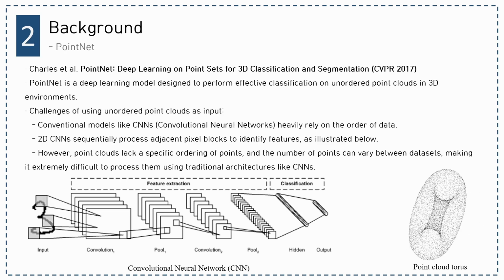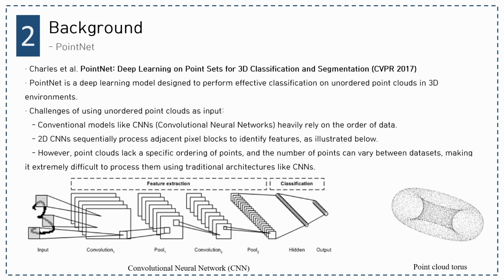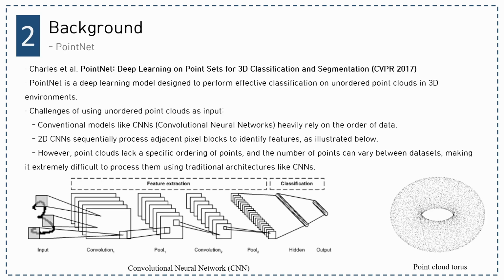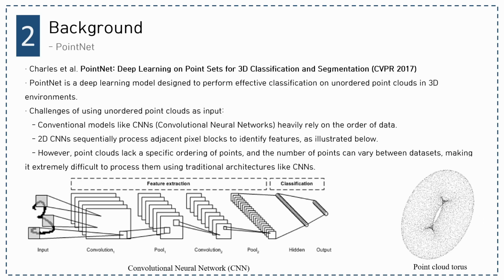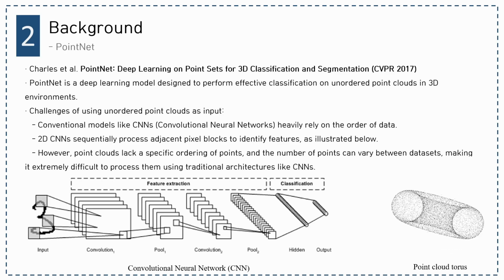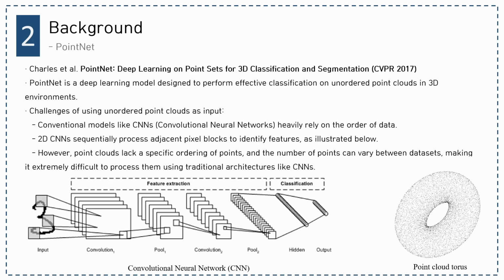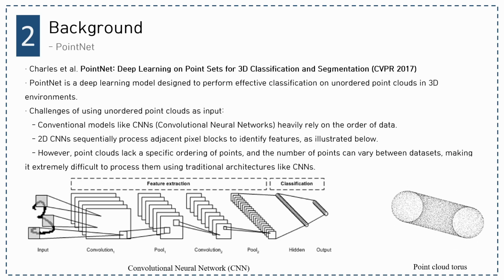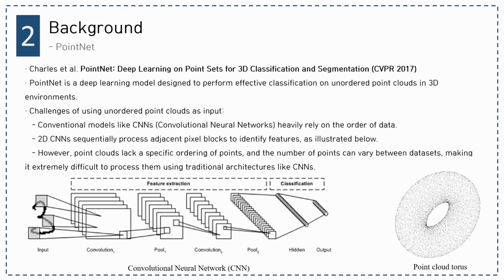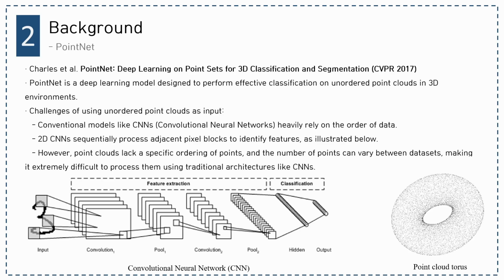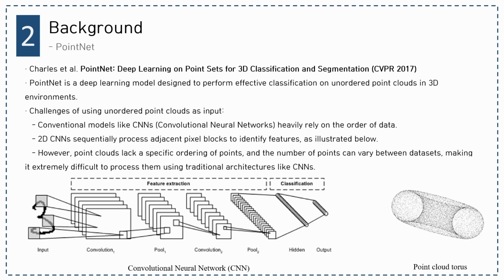Techniques like CNNs are highly order dependent, whereas point clouds lack a specific order since vertices have no inherent priority and object data vary in size, making traditional architectures like CNNs difficult to use.